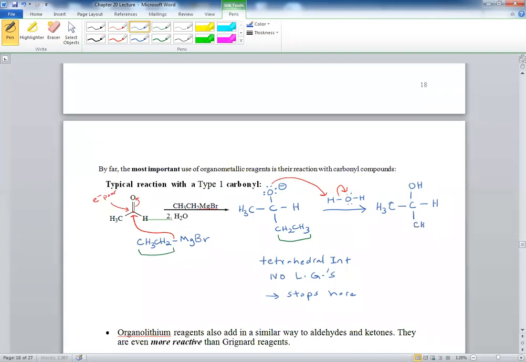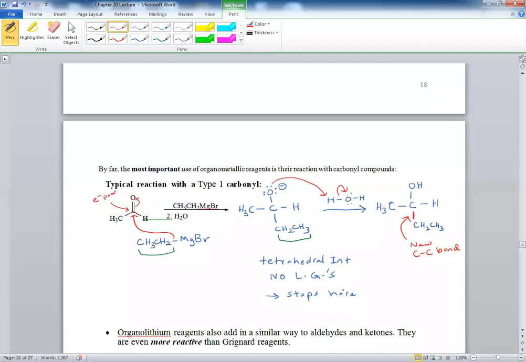Now, why is this reaction important to organometallic reagents? It's for a very simple reason. Carbon-carbon bonds are the most important, at least in this discussion. So this right here is a new carbon-carbon bond.